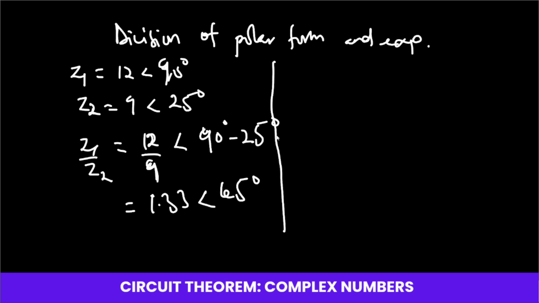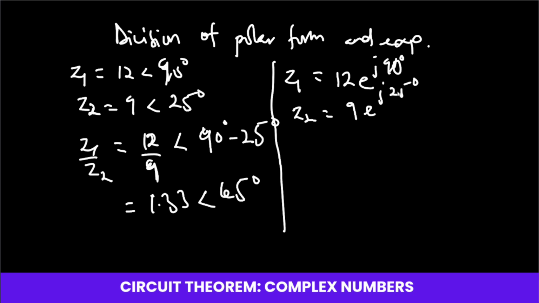Let's see how far we can go with our exponential form for the same question. So z1 is equal to our exponential form, converting it. We know our r or magnitude 12, e j 90 degrees. Then z2 equals 9 e j 25 degrees.